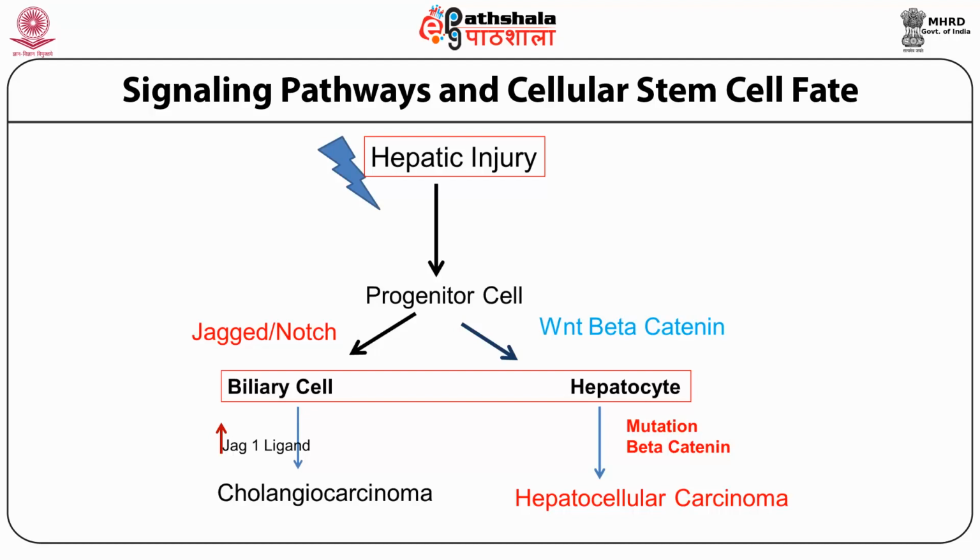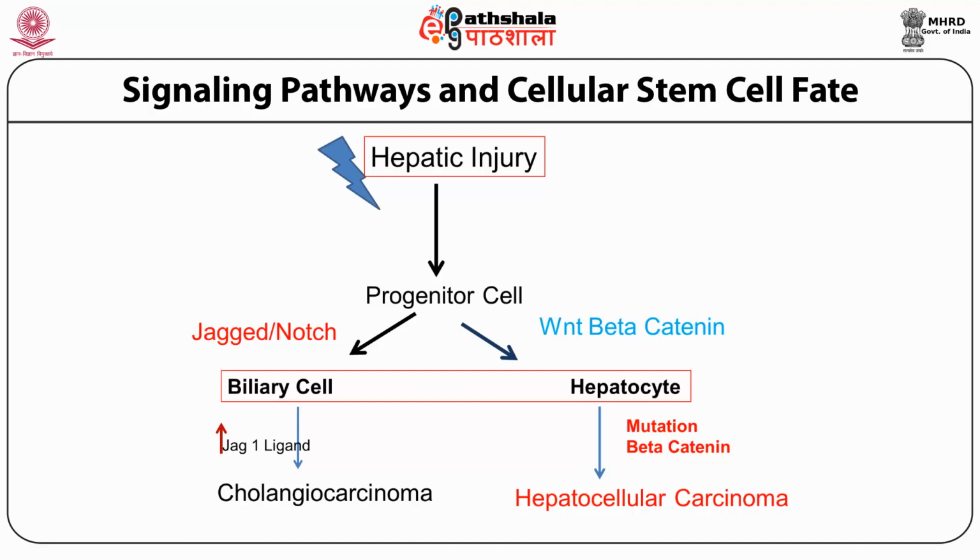Whenever there is a hepatic injury, the progenitor cells get activated. A progenitor cell with an activated JAG or Notch pathway leads to a biliary cell fate, and more increase in the JAG1 ligand can turn the biliary cell towards cholangiocarcinoma if the proliferation is uncontrolled.